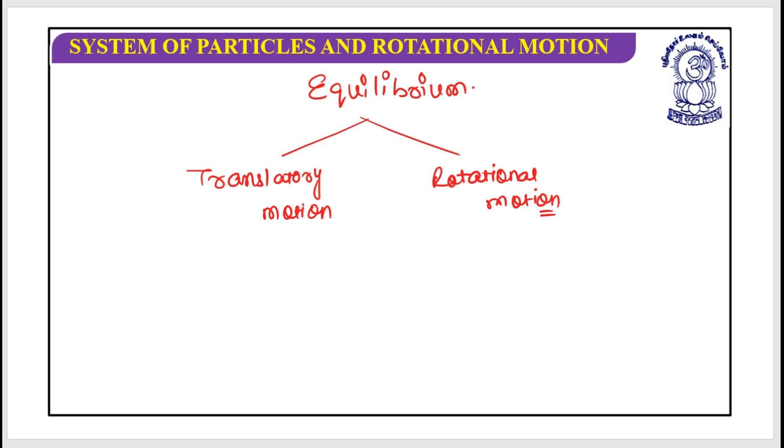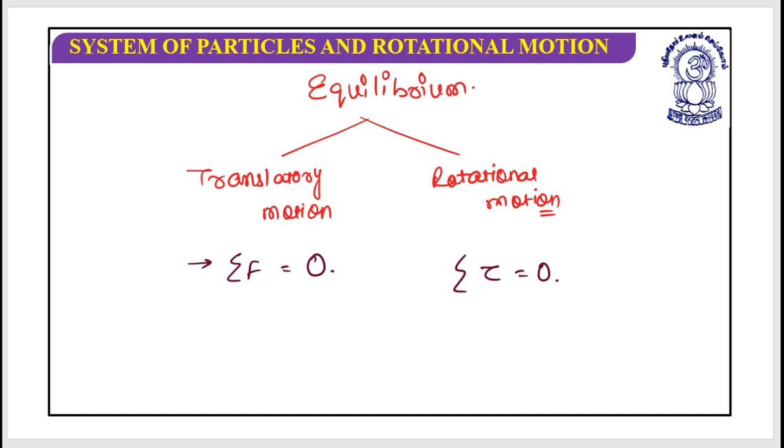When they talk about equilibrium, for the translatory equilibrium all the forces should be equal to 0. I'm talking about the vector addition of the forces, that is for sure. And for rotational equilibrium, the addition of all the torques should be equal to 0. If I can achieve this, the things will be done. I hope this is clear.